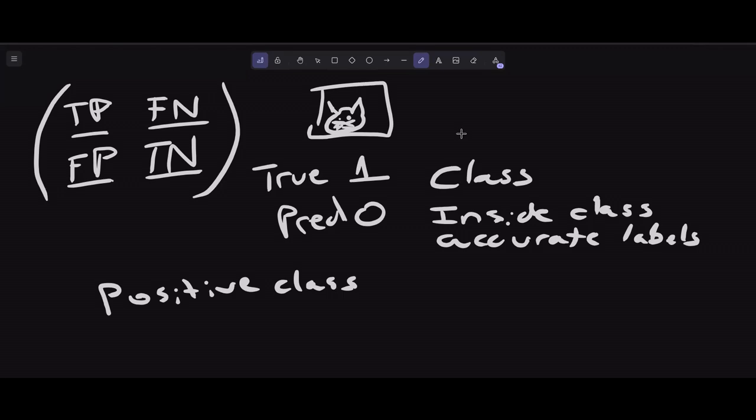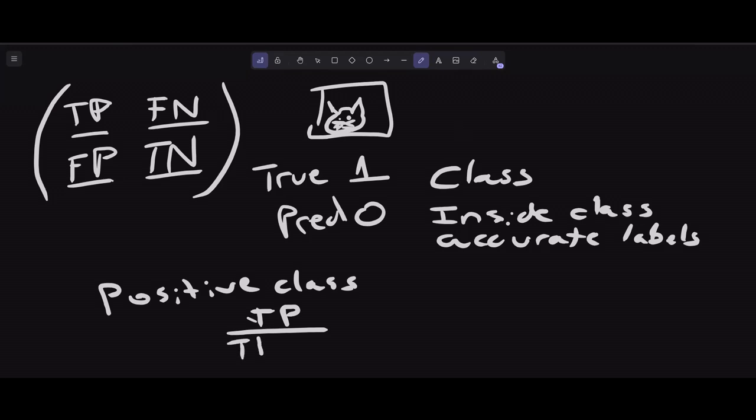So we can again represent that by looking at the elements in our confusion matrix. What we're looking for is, out of the elements that were labeled as true by our model, which is looking here at the first column of our matrix, how many of these elements are represented by the true positives.